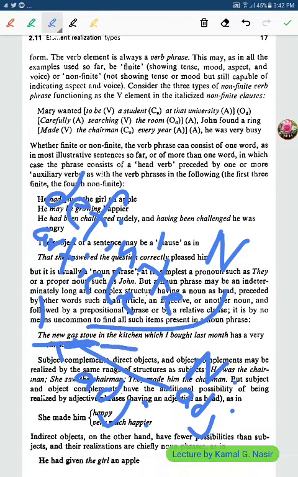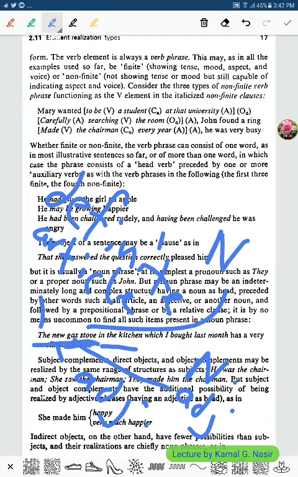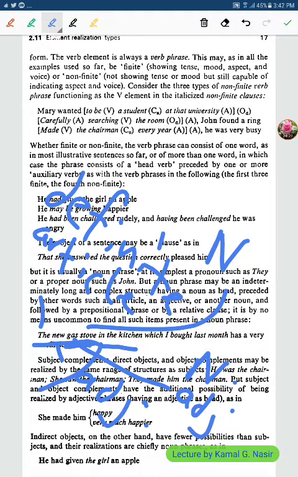In the kitchen. In is what? Preposition. There is what? Article. Which article? Definite article. Kitchen, noun. Clear?